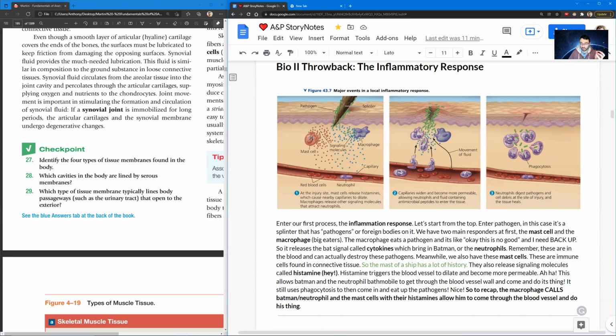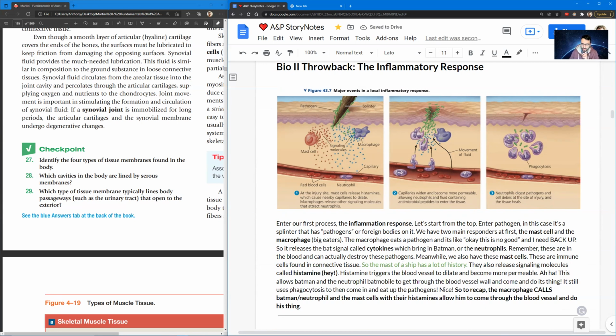Mast cells are going to release these signaling molecules, histamine, which triggers the blood vessel to dilate and become more permeable. This allows Batman and the neutrophil to get through the blood vessel wall and come do its thing.